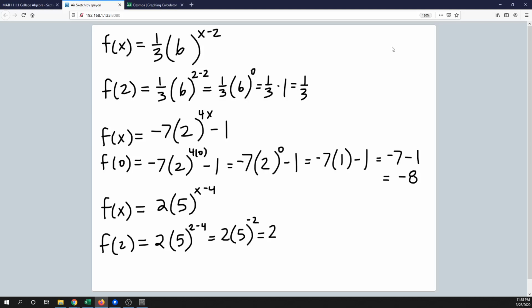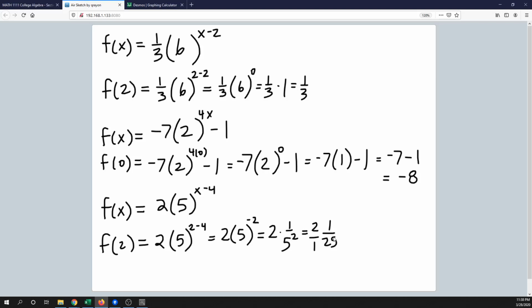Remember the rule for negative exponents, right? 5 to the minus 2 power is the same as 1 over 5 squared. 5 squared is 25, so we get 1 over 25.